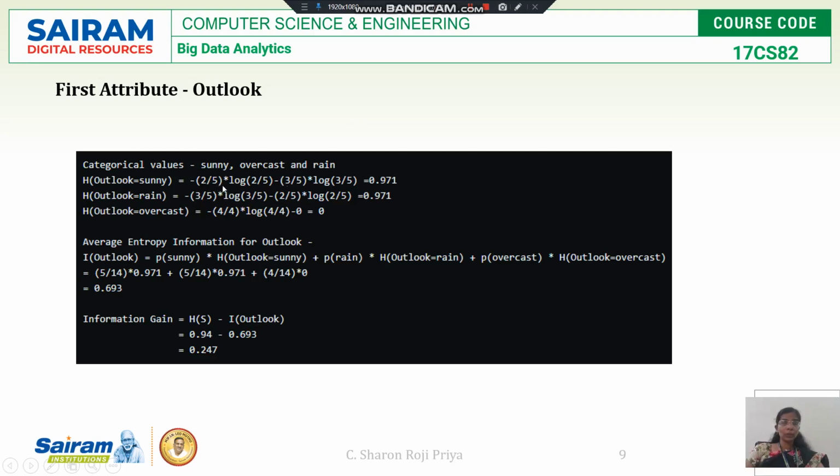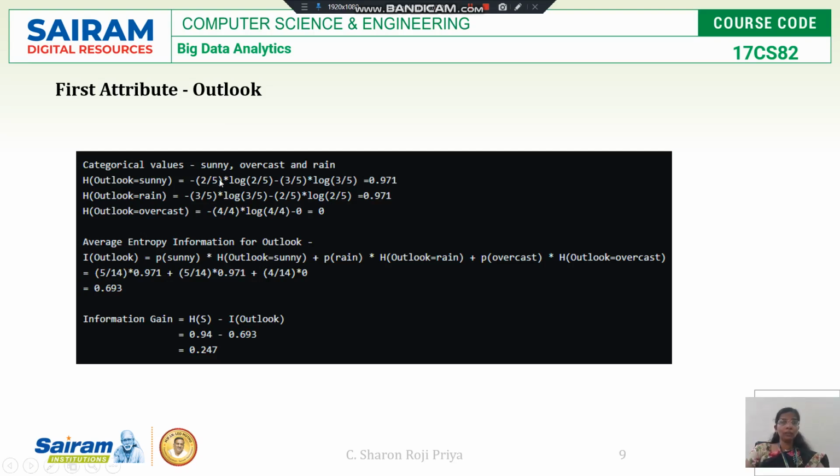So directly you can look into this denominator. So it should be 5 by how many positive and negative samples in my total, complete data set? It is 9 positive and 5 negative. So 9 plus 5, it is 14. Right, so 5 by 14 into this 0.971 plus, it is the summation of all the categorical values, right?